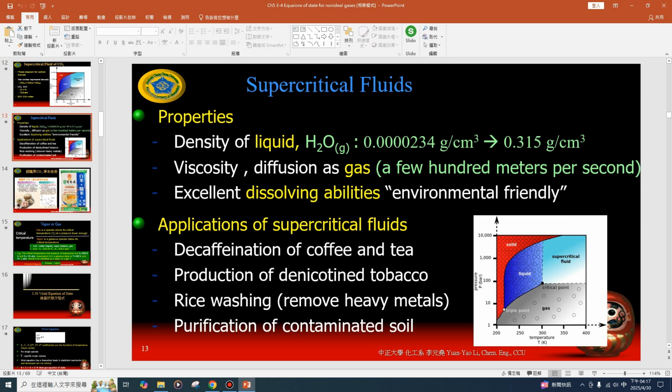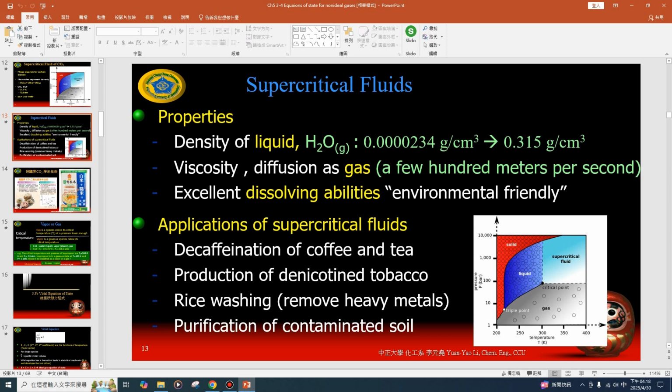So as you know, this is a phase diagram of carbon dioxide, right? As you can see, this area is called supercritical fluids. The condition for a supercritical fluid is that the temperature has to be above the critical temperature, and the pressure needs to be above the critical pressure.